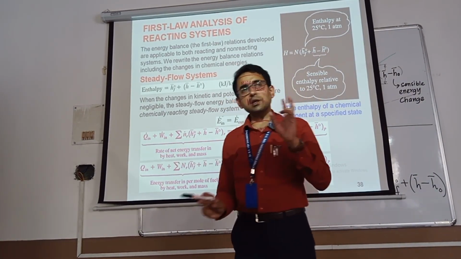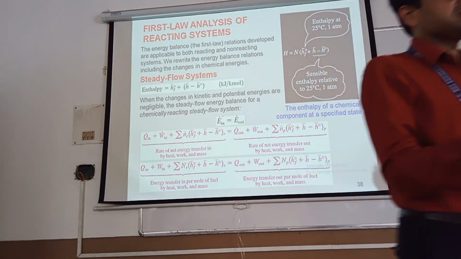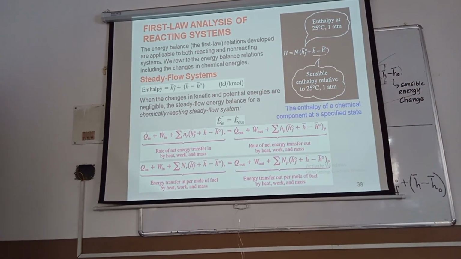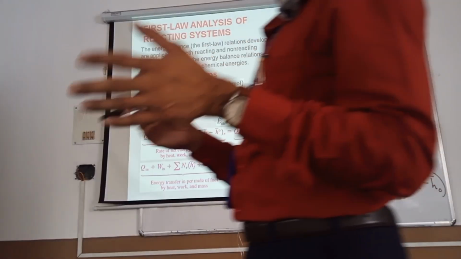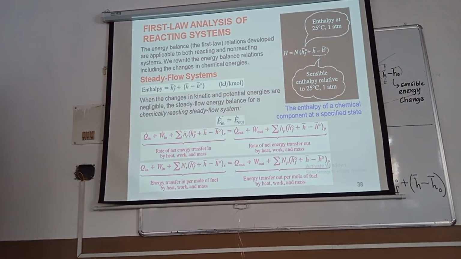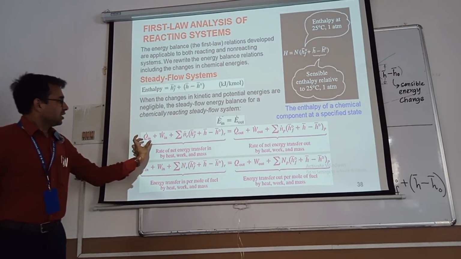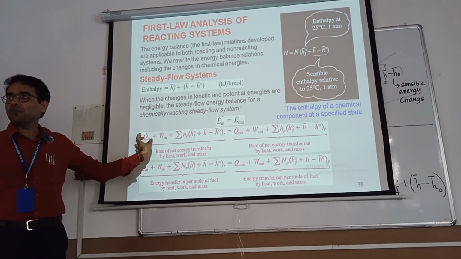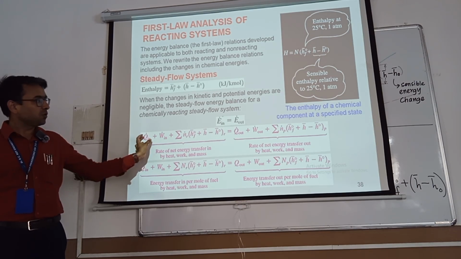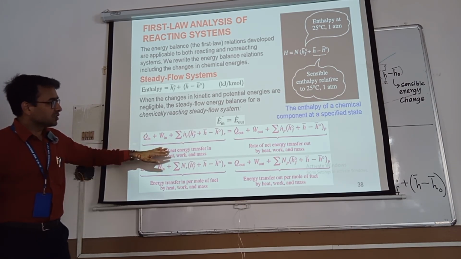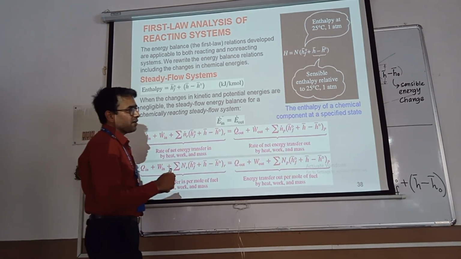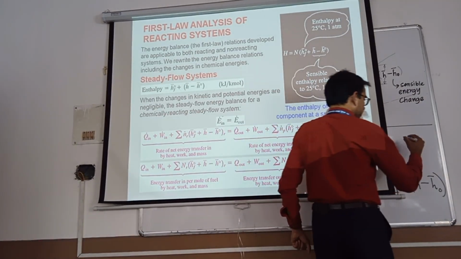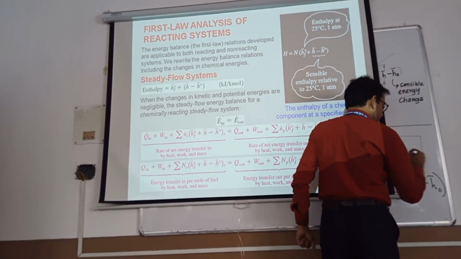So heat transfer and work transfer are already energy interactions. And with mass transfer also there will be energy interaction, because mass can carry some amount of energy with it. Is it clear? Therefore, we are trying to understand the energy interaction of the system and the surroundings. Say for example, you have a control volume.